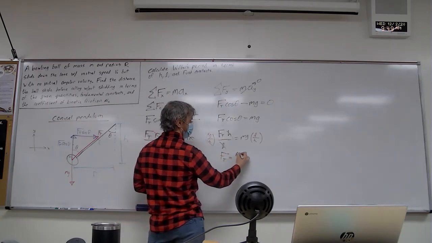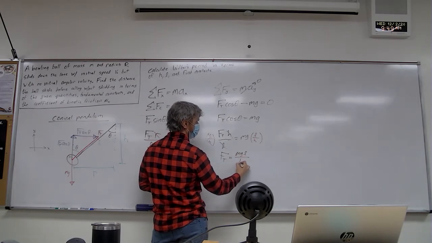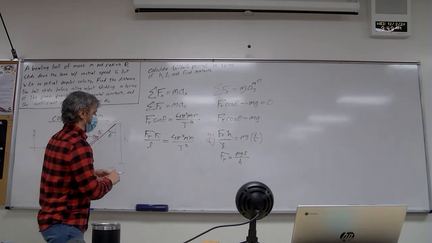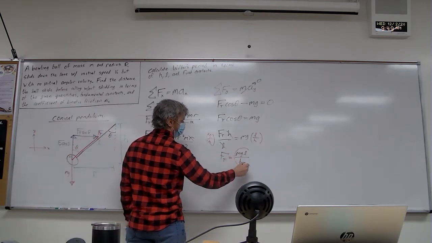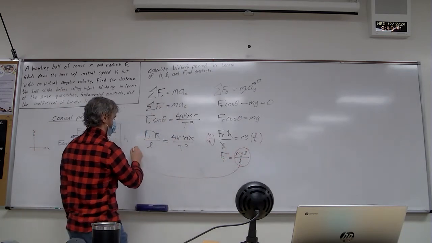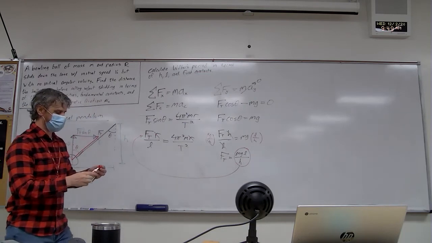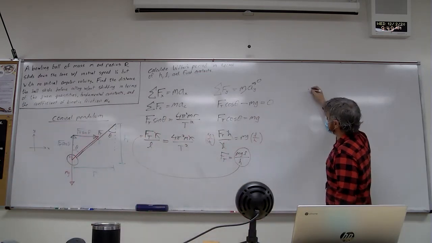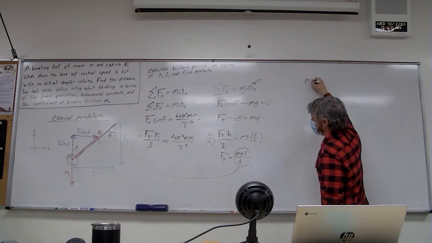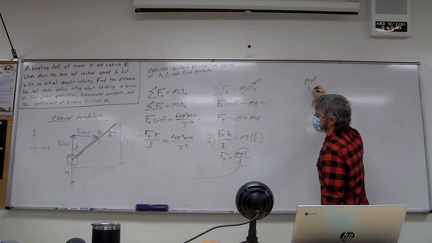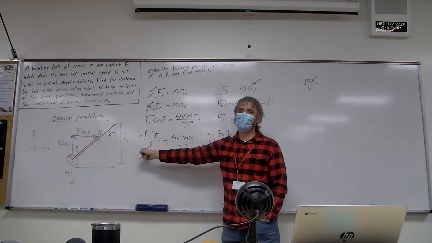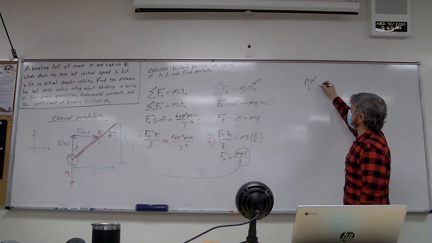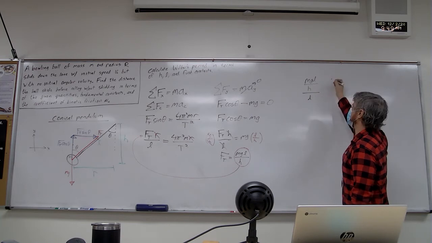It's going to be mgL over H. And then I'm going to plug that in for the tension force here and rewrite it. So I'll have the tension force, which I know is mgL over H, and then that gets divided by the length, right? And if I divide that by the length, well, I'll do it the long way.